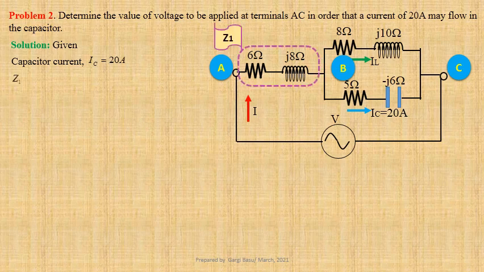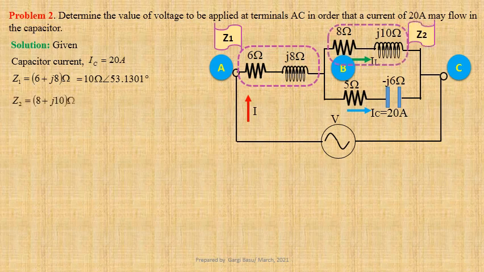Let Z1 be 6 plus J8 ohm, that is equal to 10 ohm at an angle 53.1301 degree. Z2 equals 8 plus J10 ohm, that is equal to 12.8062 ohm at an angle 51.3402 degree.